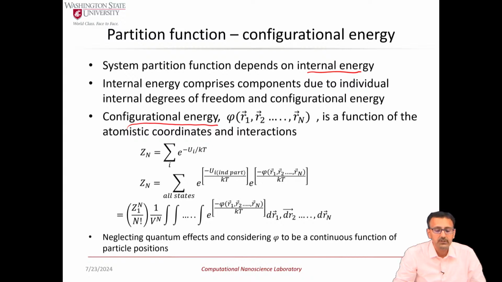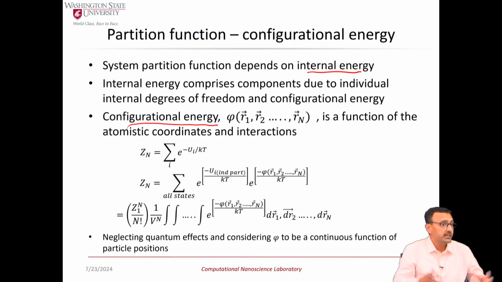You have a box with n particles, whatever that number is. At a certain moment of time, each of these particles is at a certain location within that box. Let's say the location is described by these vectors R1, R2, R3, Rn. Those are the locations of each of the particles.